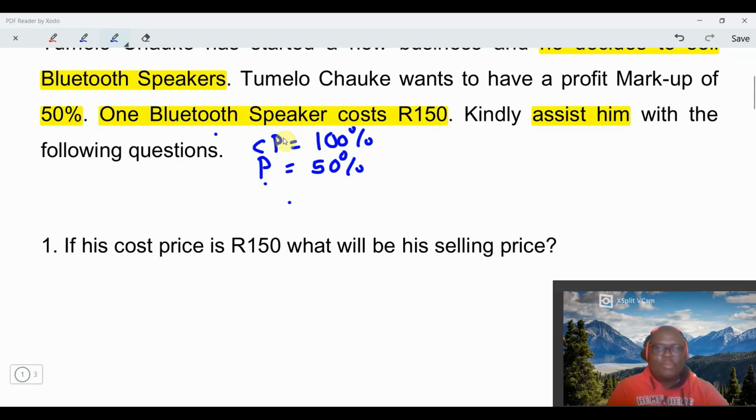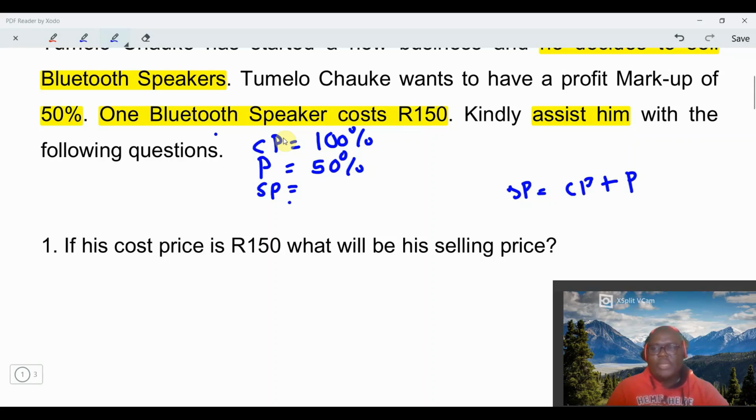And then his selling price, remember the selling price includes what this item has cost you plus the profit that you want to earn from that. So this means that our selling price is equal to cost price plus the profit that we want to make.